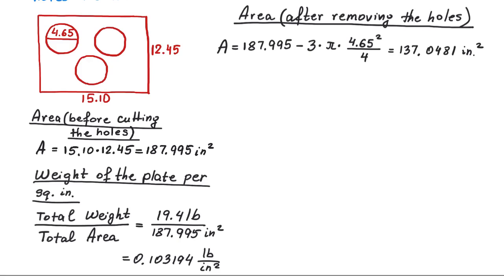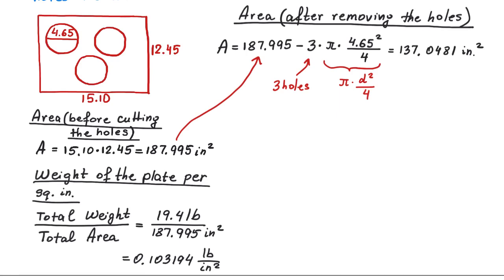So again, 187.995 represents the total area, 3 represents the 3 holes, and pi times 4.65 squared over 4 represents the area of a circle using the formula pi times diameter squared over 4.